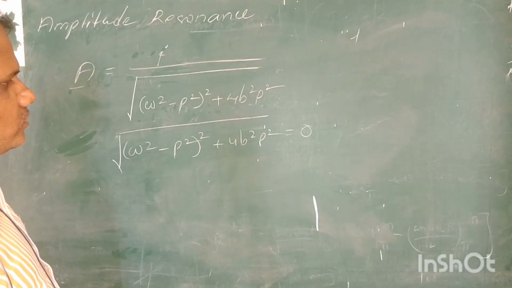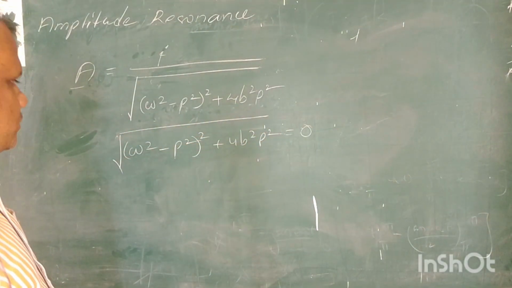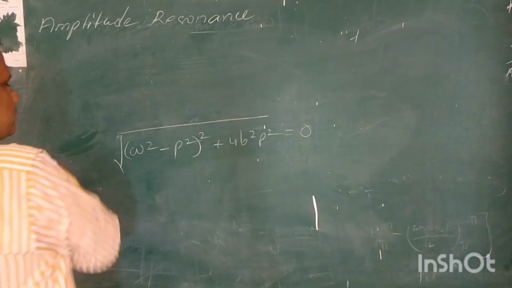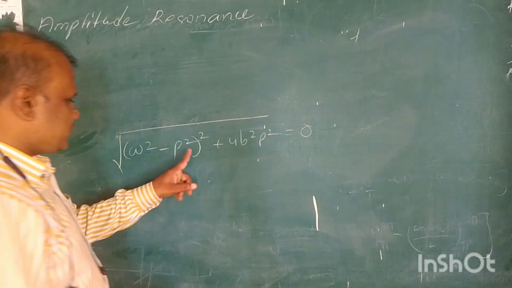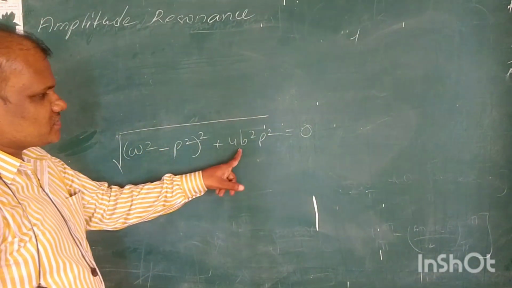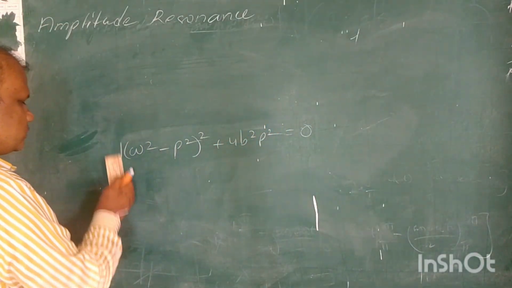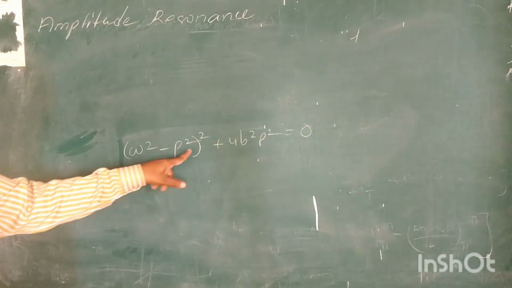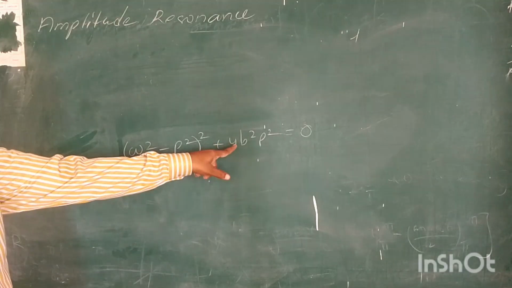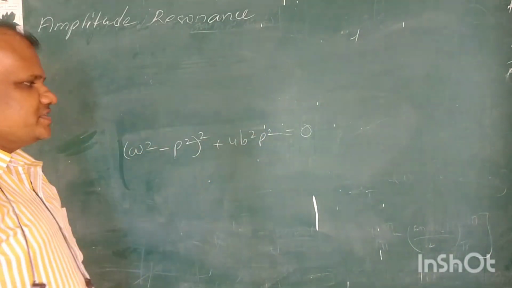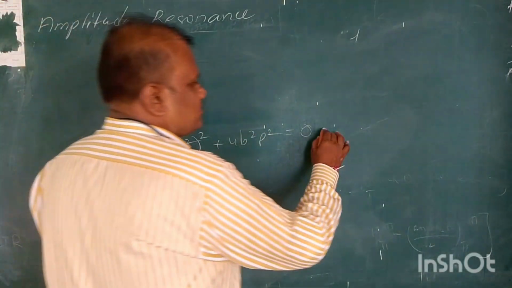The minimum value I am going to take here is 0. Therefore under root of (omega square minus p square) whole square plus 4b square p square should be equal to 0, or (omega square minus p square) whole square plus 4b square p square equal to 0.